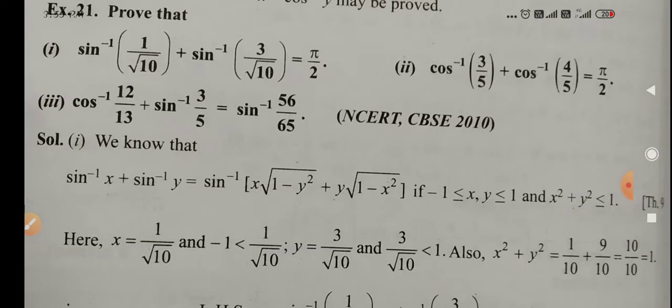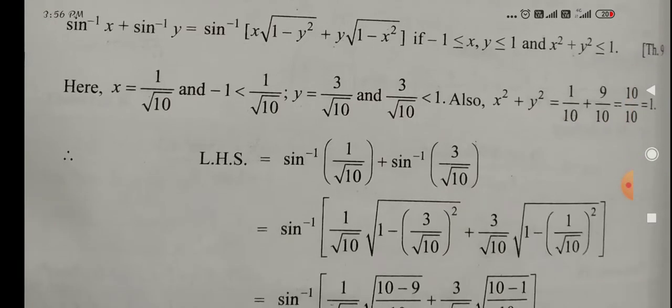You can see here example 21. 3 parts are there. If you pay attention to all these 3 parts, then you will be able to solve all the questions of exercise 4. Pay attention. Sin inverse 1 upon root 10 plus sin inverse 3 upon root 10 equals pi by 2. You have to prove. You can take the LHS.